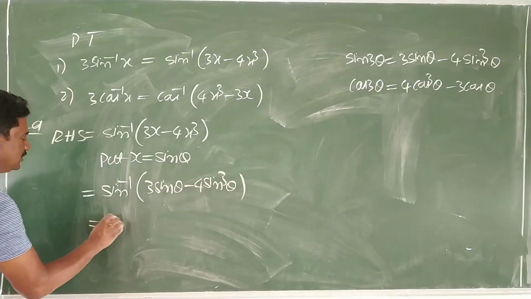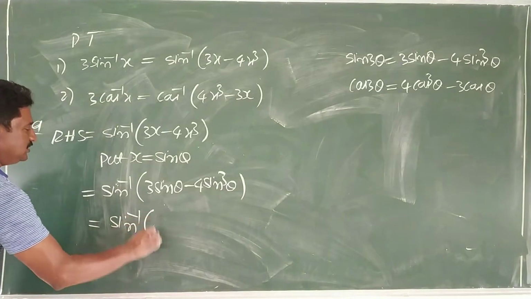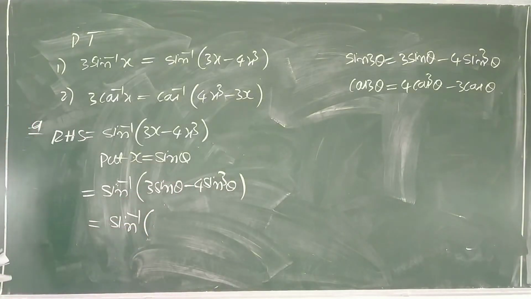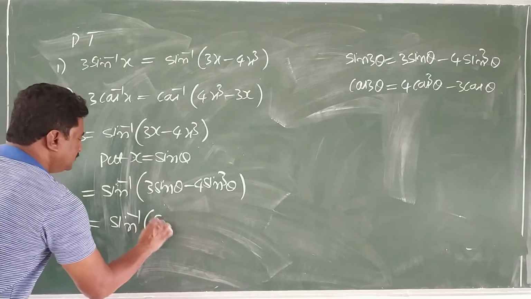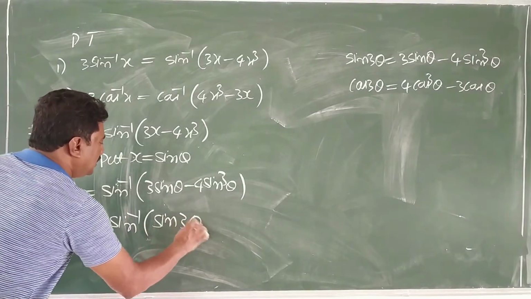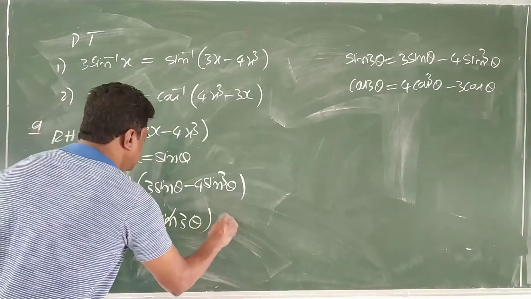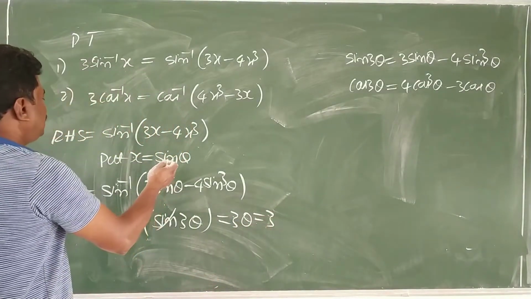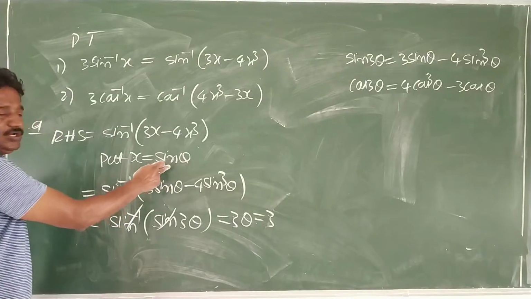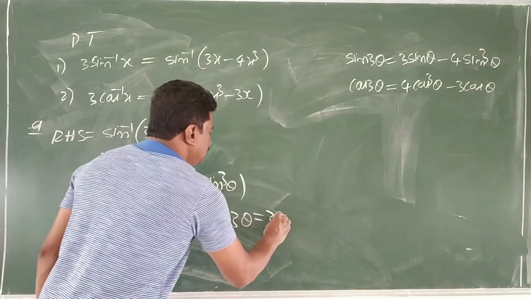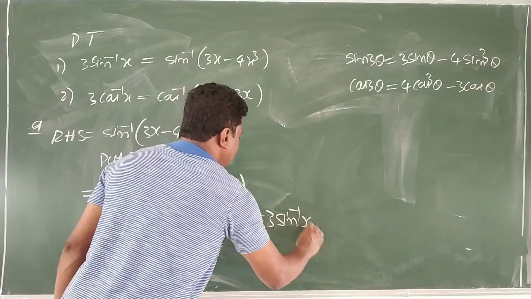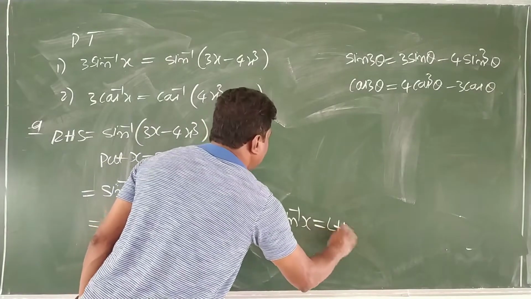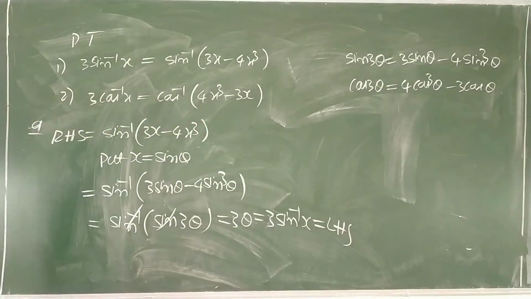So sin inverse, what is 3 sin theta minus 4 sin cube theta? Sin 3 theta. Sin gets cancelled. 3 theta. 3 into what is theta? Theta is equal to sin inverse x. 3 sin inverse x. So LHS. So proving that is over. I proved RHS is equal to LHS.